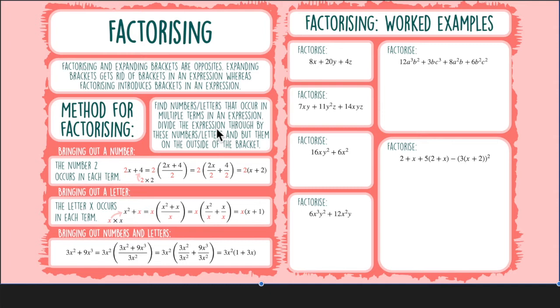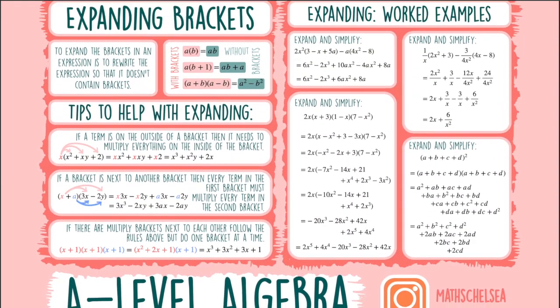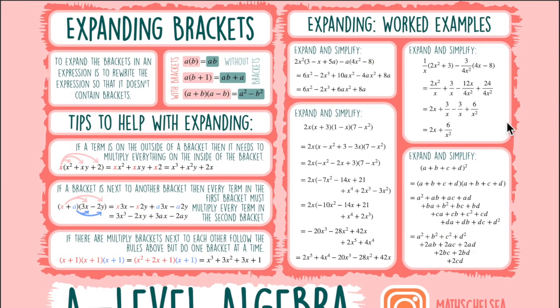Okay, so to talk about factorising, it's good to actually go back and talk about expanding brackets. So remember, with expanding brackets, we were taking a number or letter that sat on the outside of a bracket and multiplying it by everything on the inside of the bracket. So just think about what this means. It means that every term in the expanded expression is some multiple of the number or letter or term that was on the outside of that bracket.